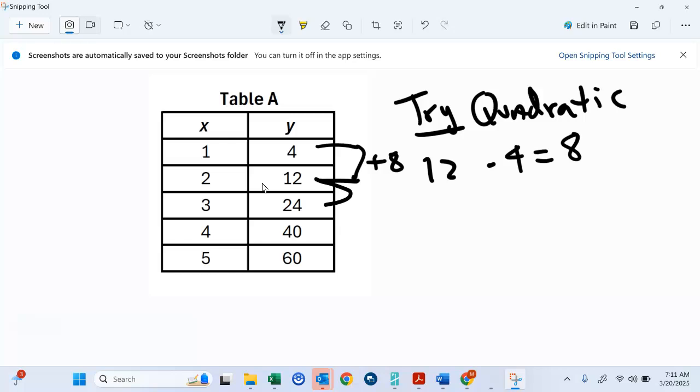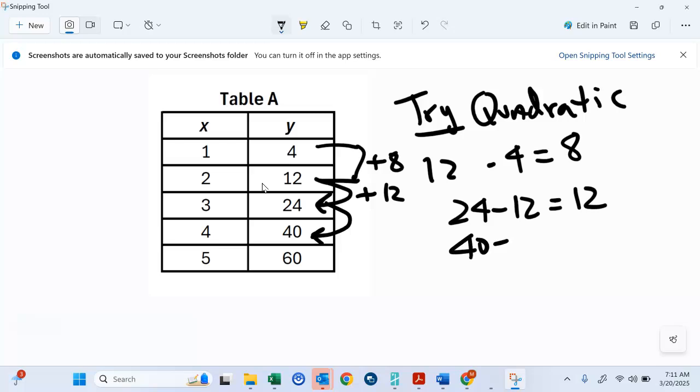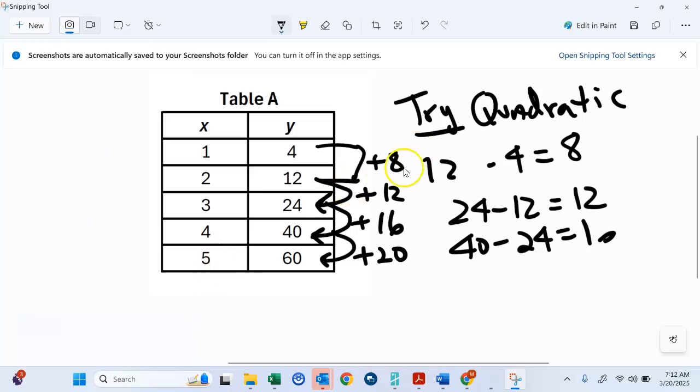And then over here, 24 minus 12 equals 12. So that's plus 12. And then 40 minus 24 equals 16. So that's plus 16. And this is plus 20. Now, these are different, but they go up in a pattern, okay?